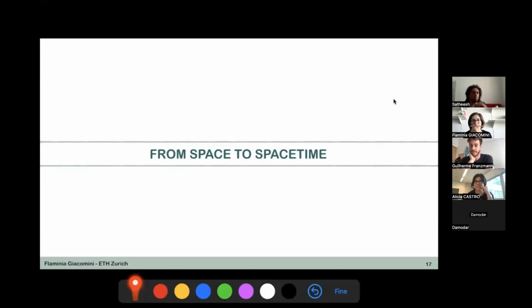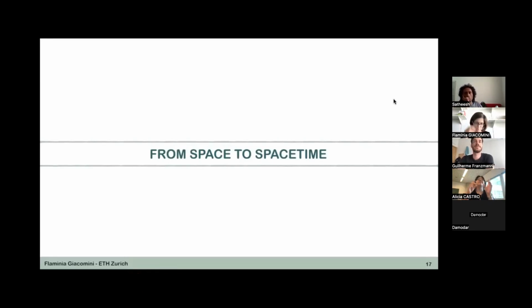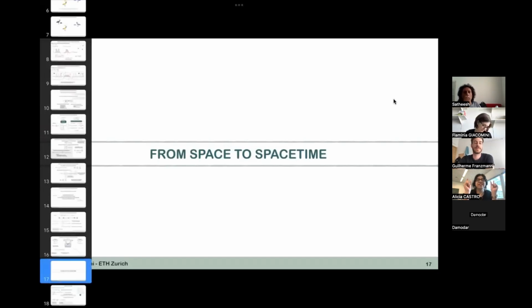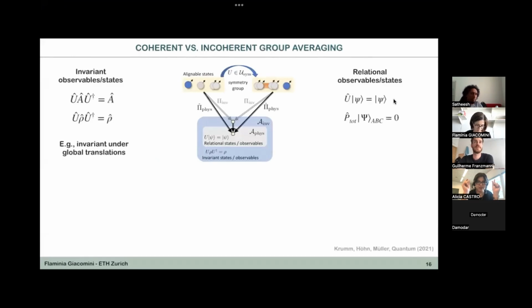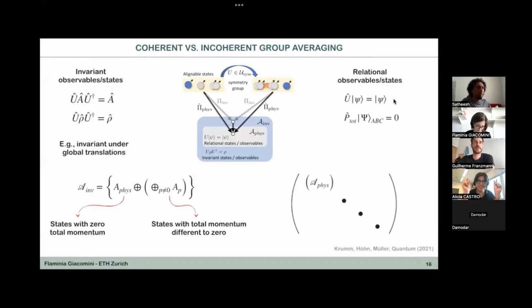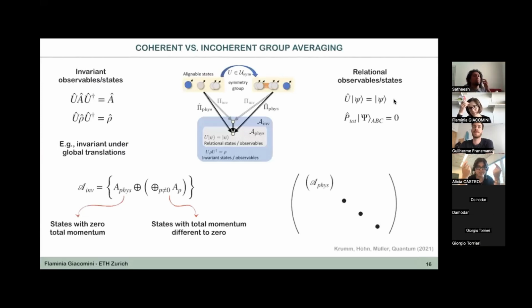I have a question. In the slide before, in both sides, the relational one and the other side, you put an operator U that encodes some symmetry, some constraint.